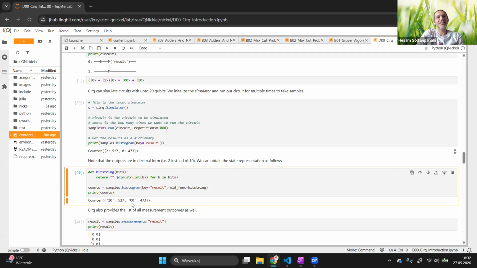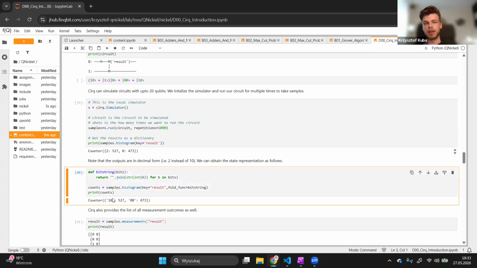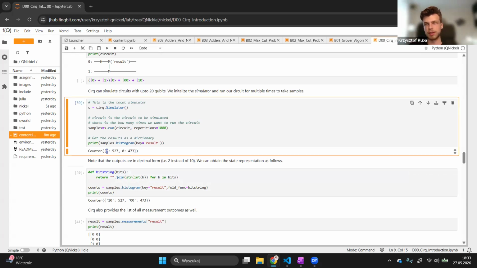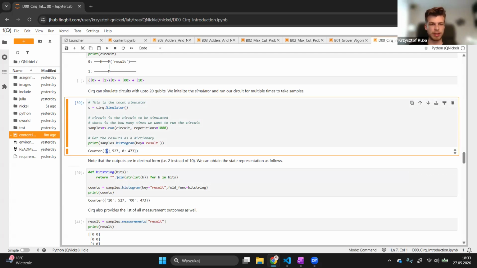In Qiskit, maybe it was easier because we had only qubits in 0 and 1. But for advanced users, if you're trying to do some arithmetic on a quantum computer, this bit string doesn't tell you anything. It's sometimes more convenient to use decimal, so that's why Cirq already provides us the decimal representation automatically.